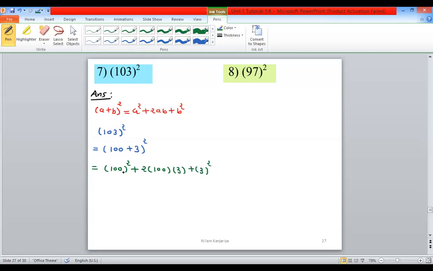A is 100 and B is 3. 100 square is 10000. 2 into 100 into 3 is 600, plus 9, since 3 square is 9. Take the sum of every term, then it gives you 10609. This is your answer of 103 whole square.